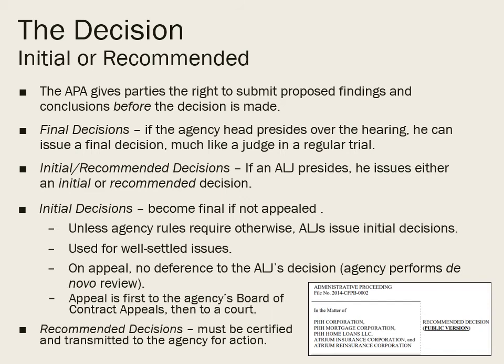Most of the time, ALJs issue initial decisions. Those can be appealed, often first to a board or a commission within the agency, and then to a regular Article III court. ALJs cannot issue final decisions because they are not agency heads. But like I said, their initial decisions do eventually become final if they're not appealed.